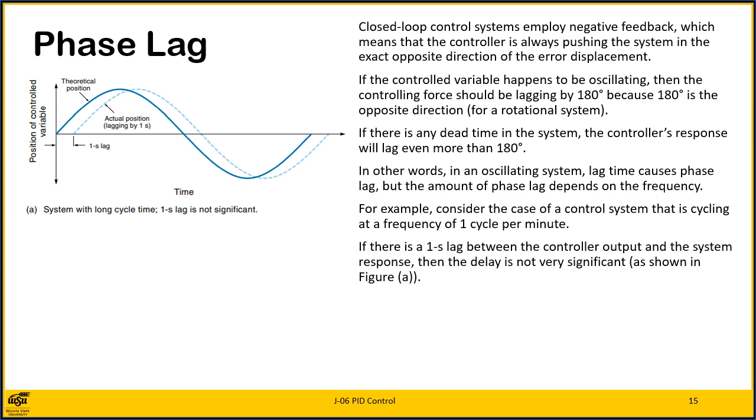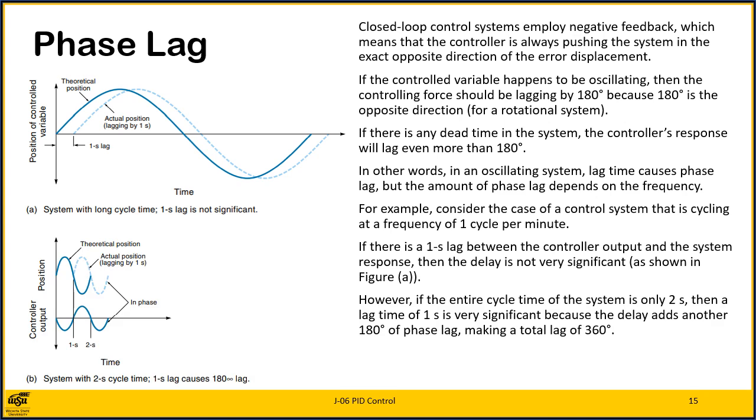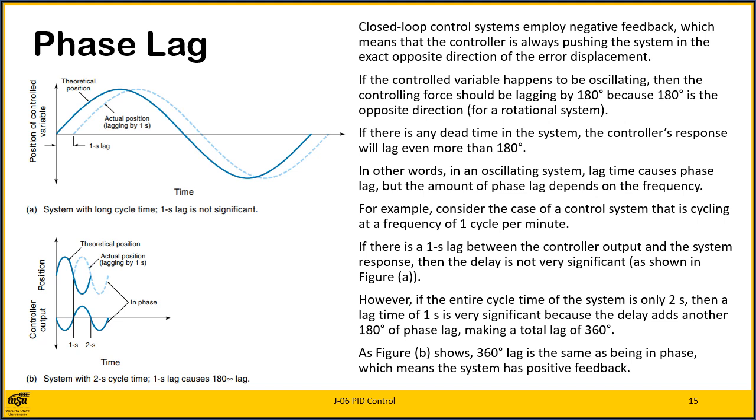If there is a 1 second lag between the controller output and the system response, then the delay is not very significant, as is shown in Figure A. However, if the entire cycle time of the system is only 2 seconds, then a lag time of 1 second is very significant, because the delay adds another 180 degrees of phase lag, making a total lag of 360 degrees. As Figure B shows, 360 degrees of lag is the same as being in phase, which means the system has positive feedback.